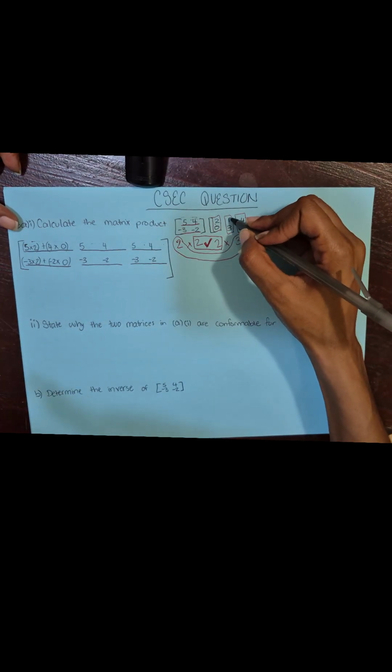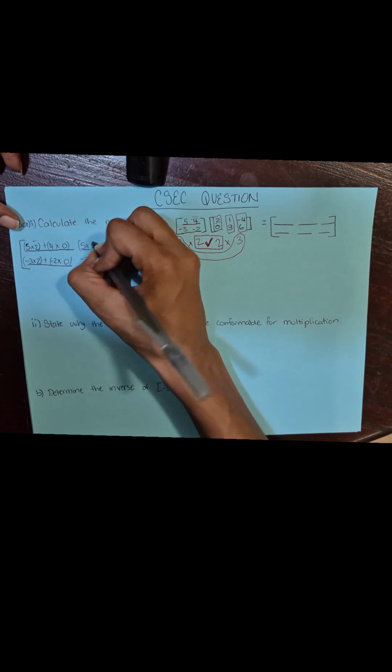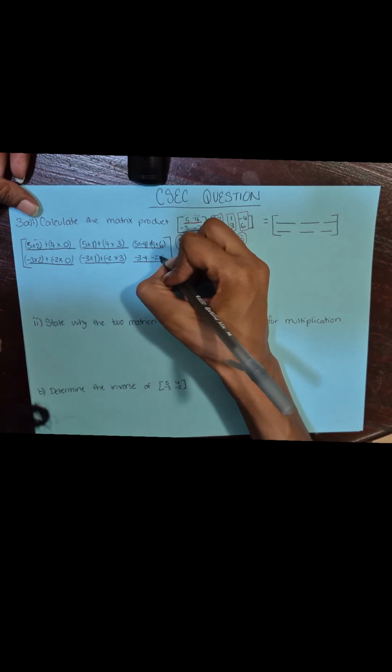Everybody in the second column should have 1, 3. And everybody in the third column should have -4, 6.